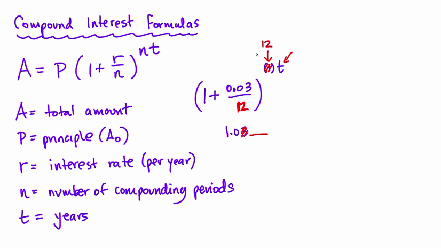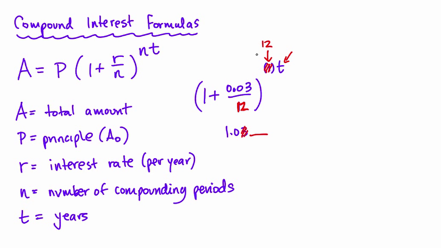So I'm doing smaller compounding, but I'm doing it way more often. And that will result in a different number than compounding once a year. And it actually is much better if you are an investor to have more compounding periods if it's the same rate.